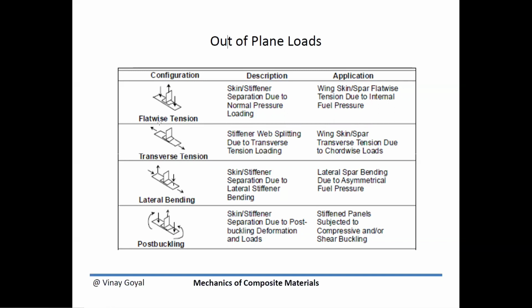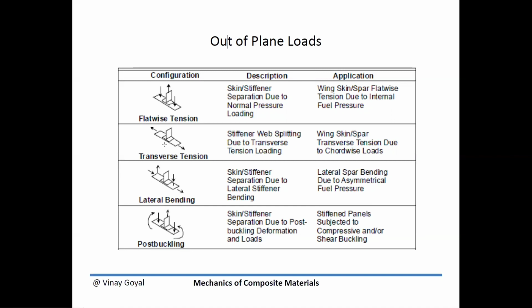An example of that would be a skin-stiffener separation due to normal pressure loading conditions. An application of that is going to be a wing skin or spar flat-wise tension due to internal fuel pressure.